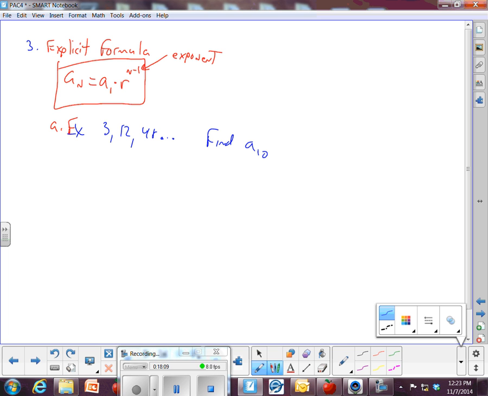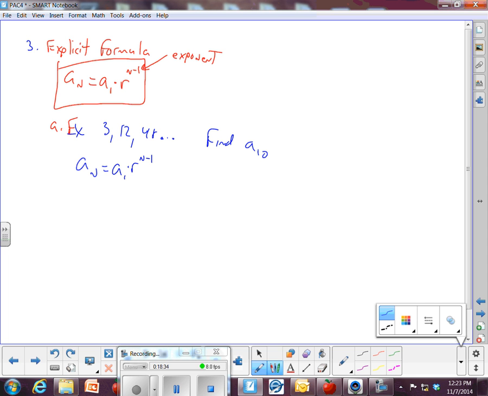Okay, so when you go to write your explicit formula, a sub n, and look, write them. I always want you to write them because I want you to remember them. When you write it, you say to yourself, I need to know 2 things. I need to know a sub 1. Do we know a sub 1? What is it? 3, because it's the first term.